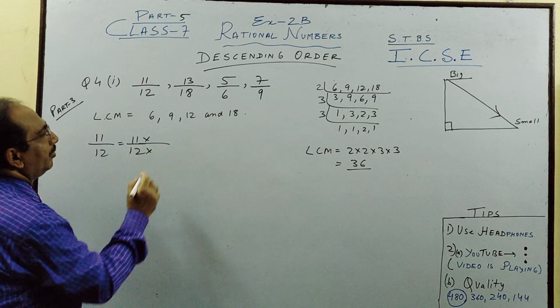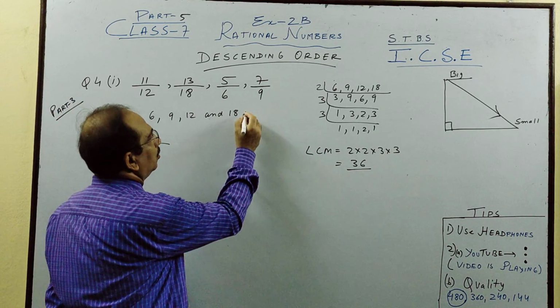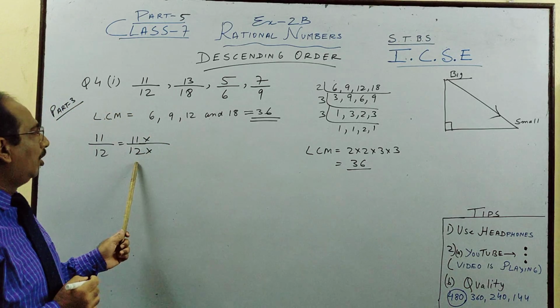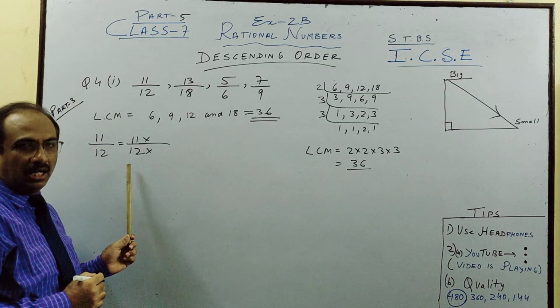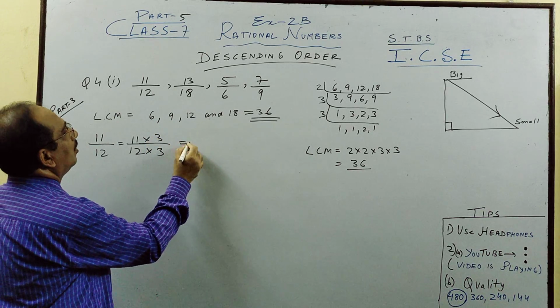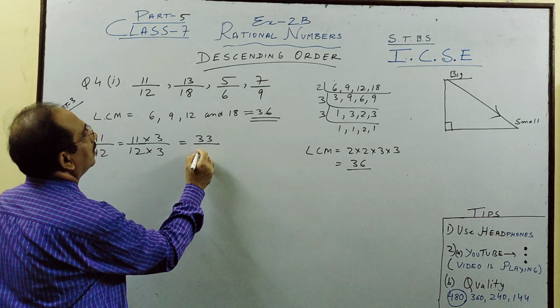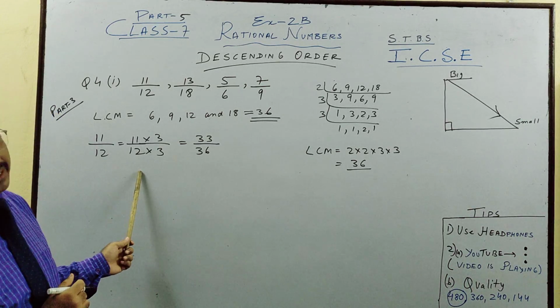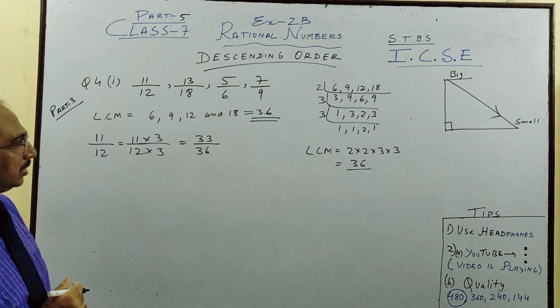I have to make the denominator equal to 36. So what will you multiply 12 by to get 36? 12 threes are 36. Please remember the table up to 20. It's very necessary. So 12 threes are 36.